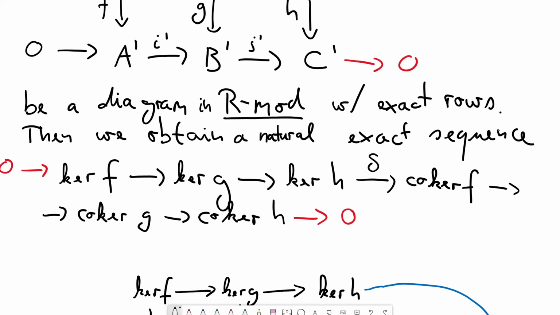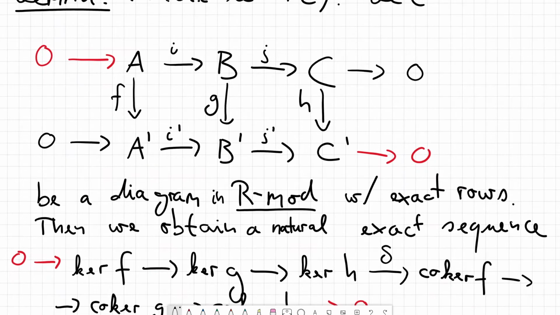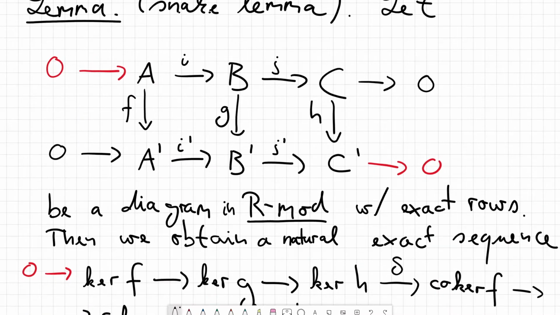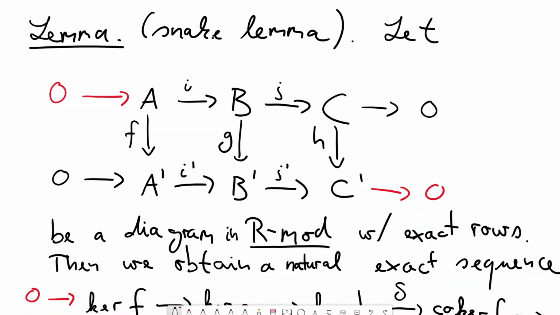Yes. It's not so clear what natural actually means, right? So natural means that if you have, you should think of this diagram above with the A, B, C, A prime, B prime, C prime, maybe as a plane in our three-dimensional space. And then we have another plane with such a diagram parallel to that. And then we have connecting maps so that we get a commutative cube.